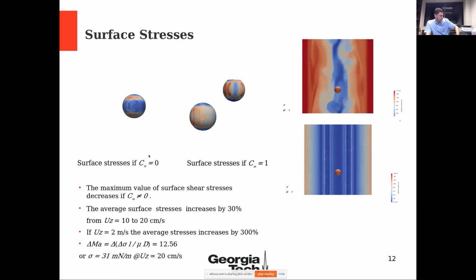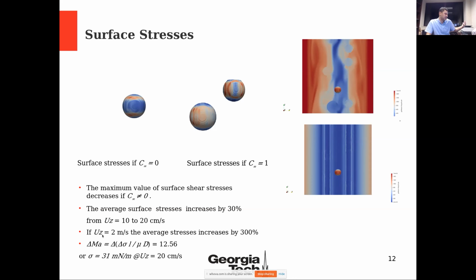In general, the main conclusion here is that the faster the bubbles travel, the more the surface tension decreases. In this case, when the velocity increases from 10 centimeters per second to 20, the surface tension sigma decreases from 35 to 31.